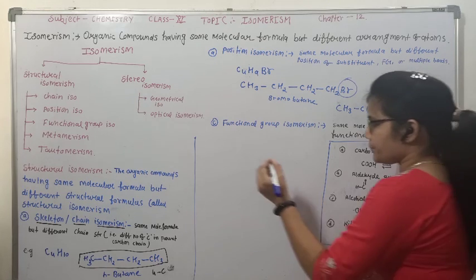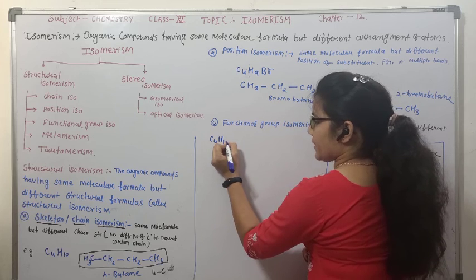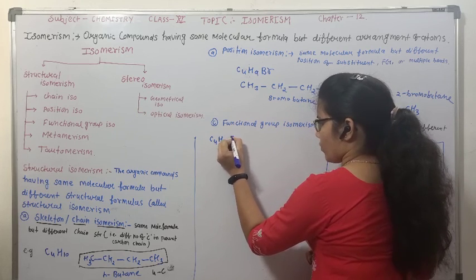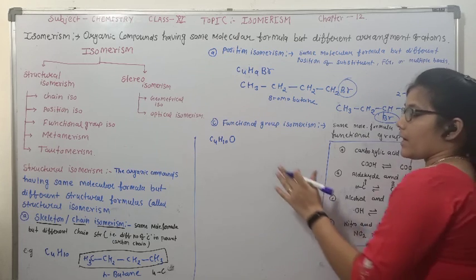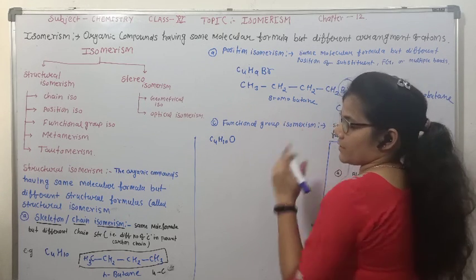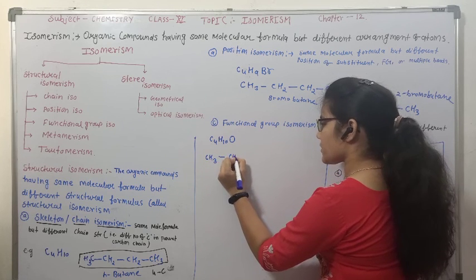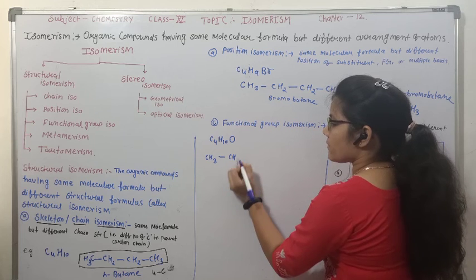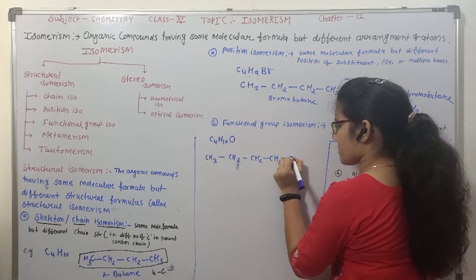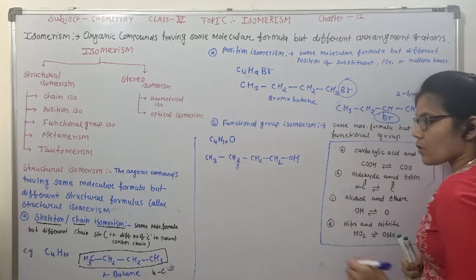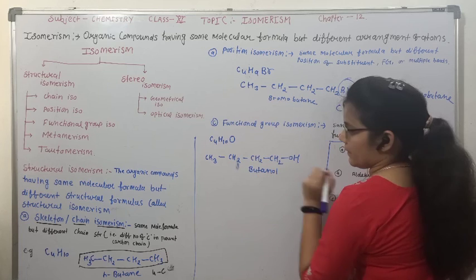For example, C4H10O. Let's draw the structure for this molecular formula. Probably you will draw the structure like this. What is this? This is butanol.